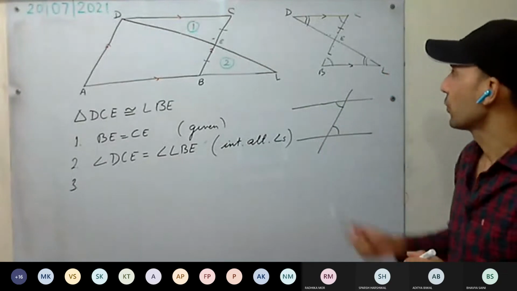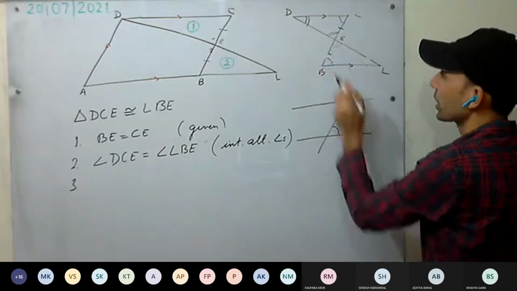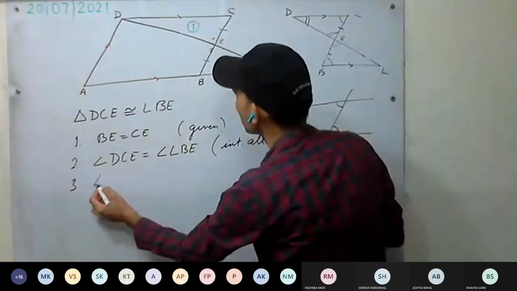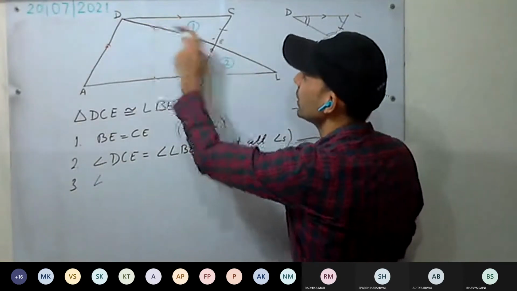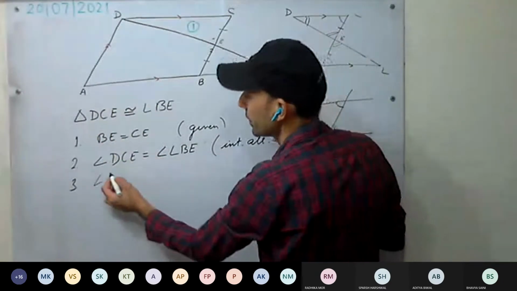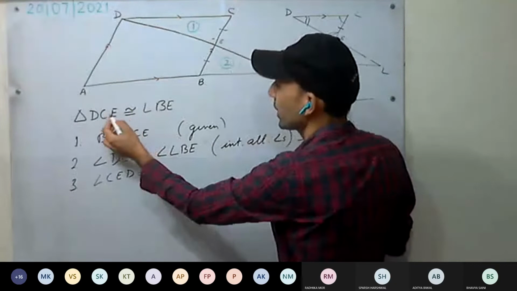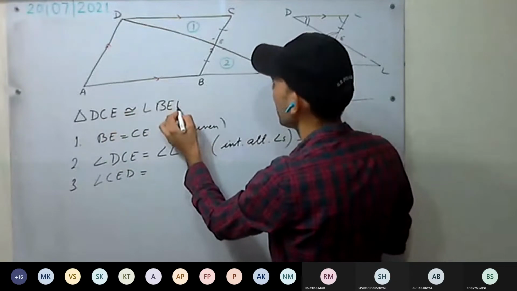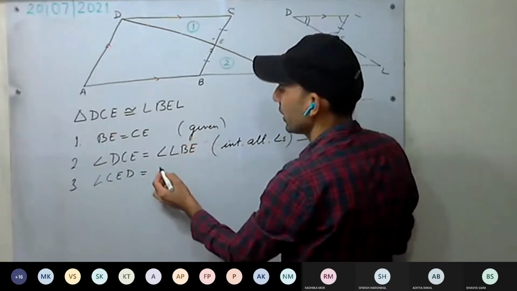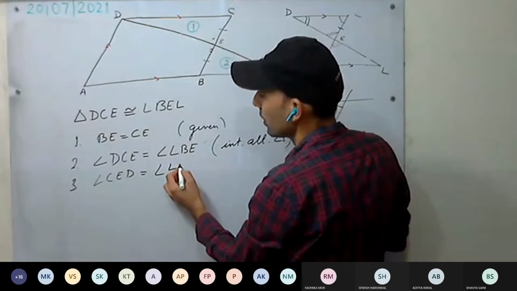So for example, I'm using vertically opposite angles. Vertically opposite angles, it will be angle CED equal to angle BEL. If I'm taking CED, then here BEL.